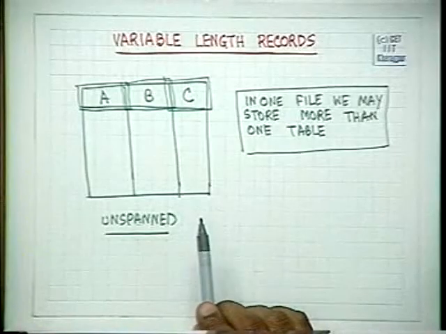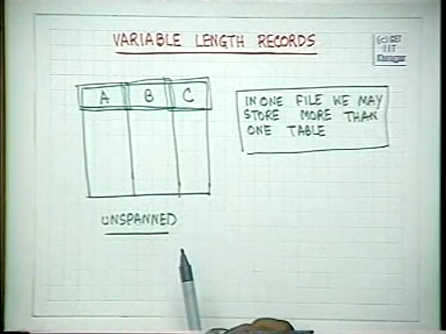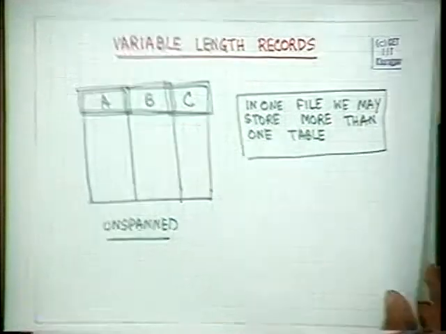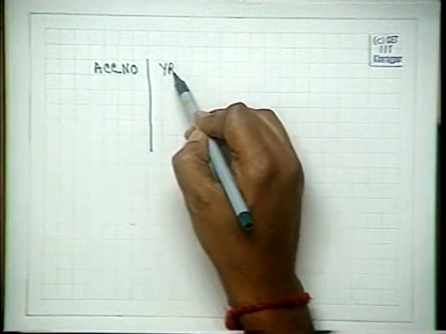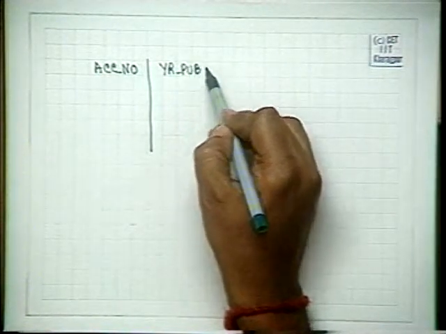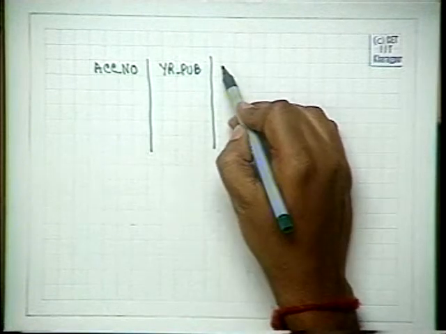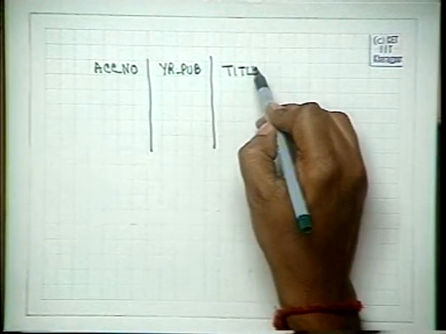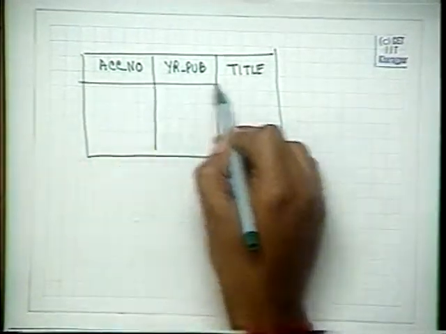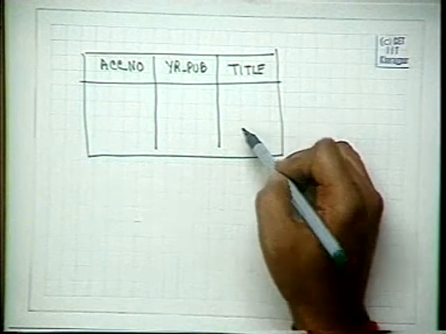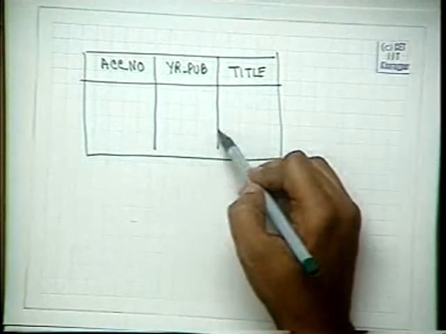Variable length records may come into the picture because of various types of other data organizations. For example, if we had our book table, accession number, year of publication and title, and it was such that we had a lot of common titles, then we would not like to repeat this title information for each and every record.